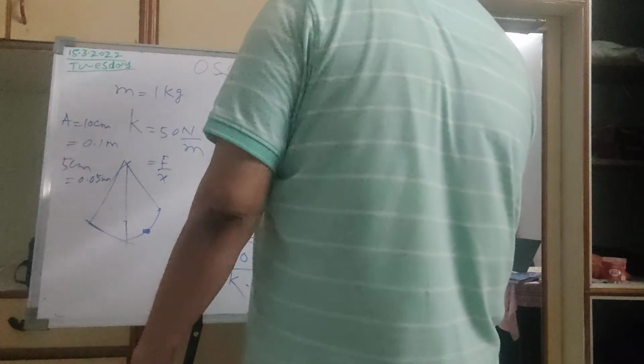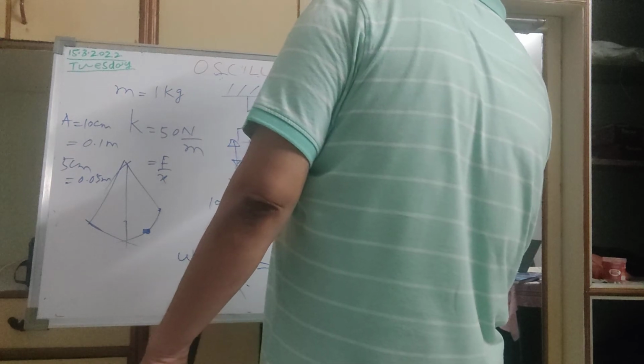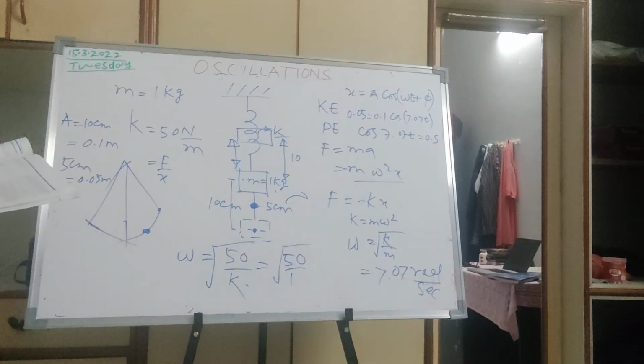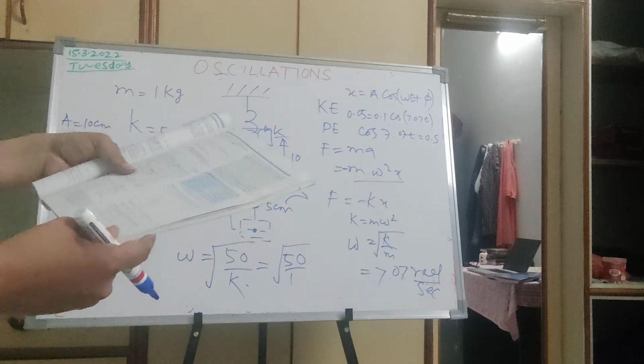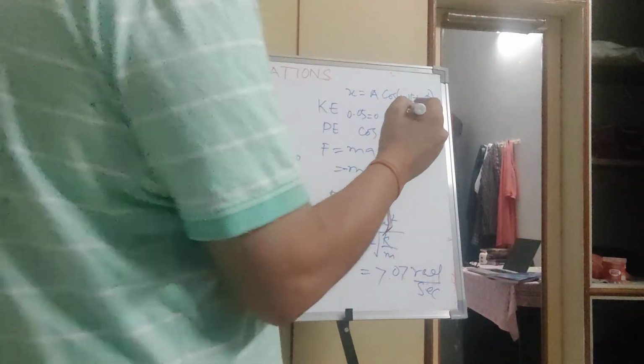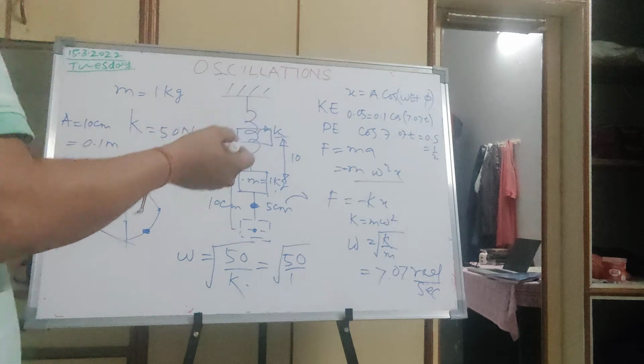So this becomes cos 7.07 t is equal to 0.05. If you divide by 0.1, it becomes 0.5. So cos 7.07 t is equal to 0.5. 0.5 is nothing but half, so it is cos 60, since cos 60 is half.